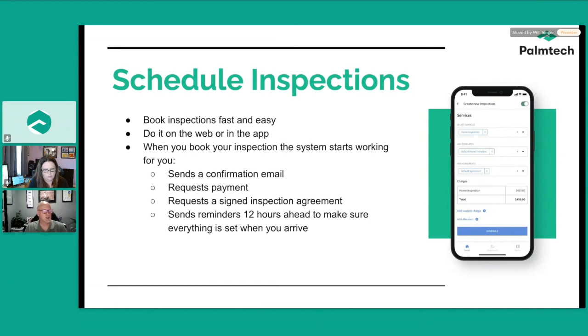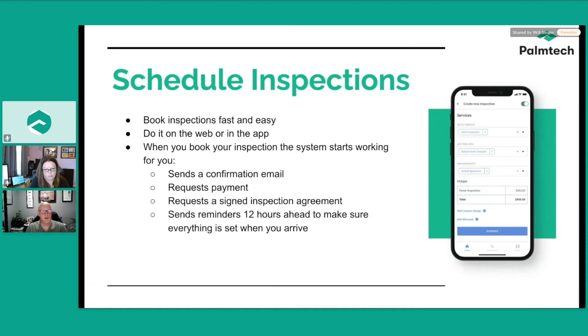When you book an inspection, the first thing it does is it sends a confirmation email to your client saying, here's the date and time and the property address, just to make sure everything's right. It then sends a request for payment so that your client can just click a link and pay you. Then it requests that the client sign the inspection agreement.